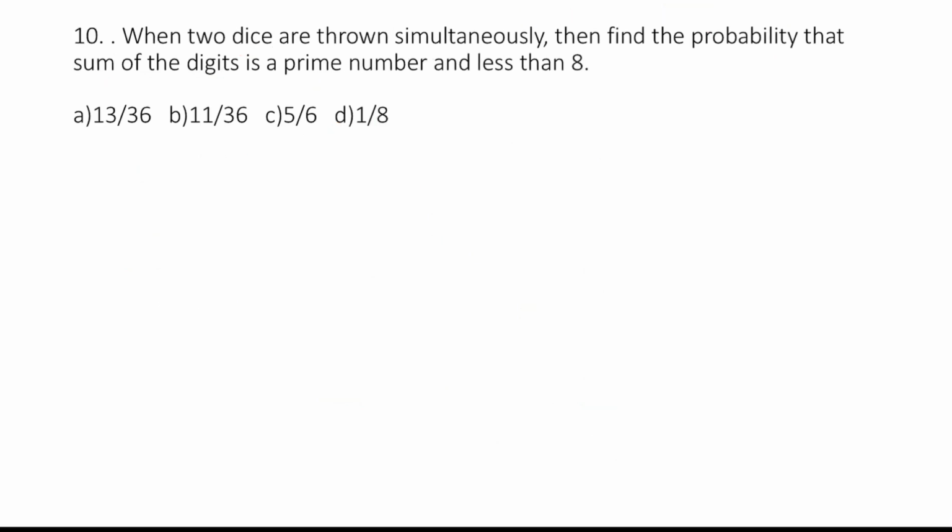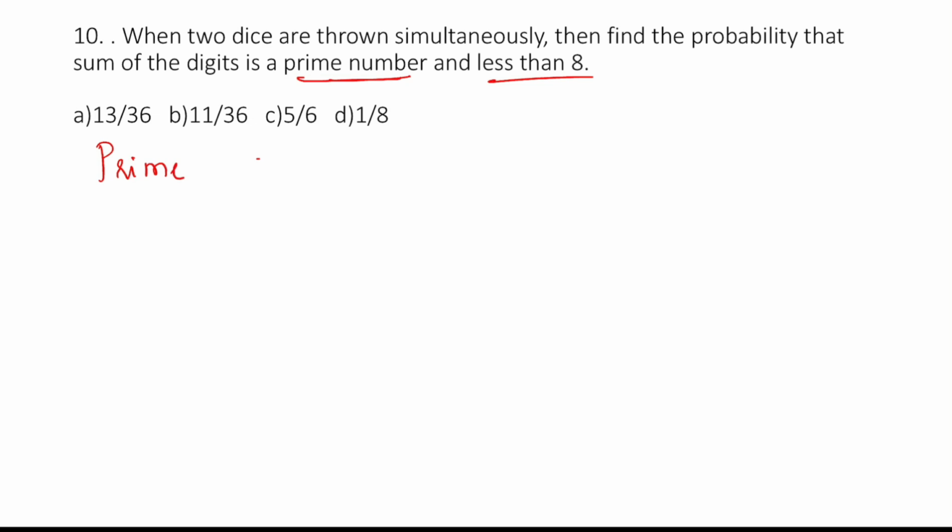Next, when two dice are thrown simultaneously, find the probability that the sum of the digits is a prime number and less than 8, they are saying. Okay, the sum of the digits should be a prime number and it should be less than 8. So which are the prime numbers less than 8?